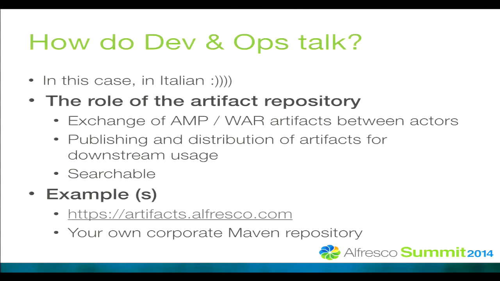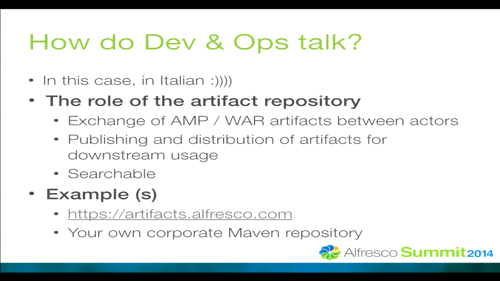Yeah. So before we really go into the SDK side of things, I just want to make sure, again, that we underline the importance of the concept of release, because this is really the way that dev and ops talk. Obviously, we could talk Italian in this case, but the role of a repository where a stable release lives becomes really the point of contact between dev and ops, in case, obviously, you don't have a DevOps that pretty much will do all the same.